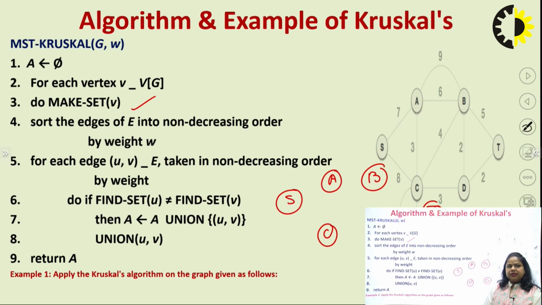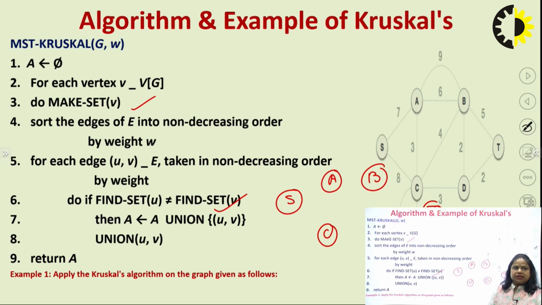After that we choose the minimum weight edge from the given links. If U and V are not in the same set, where U is the first node and V is the next node, then we do the union of U and V, and then again return A. So this is the way we talk about Kruskal's algorithm.